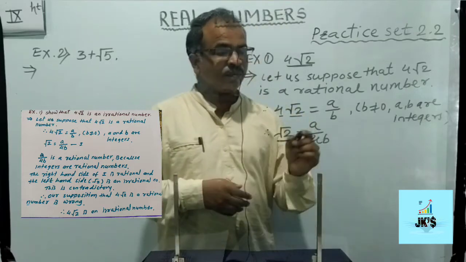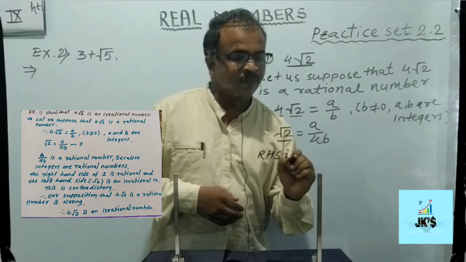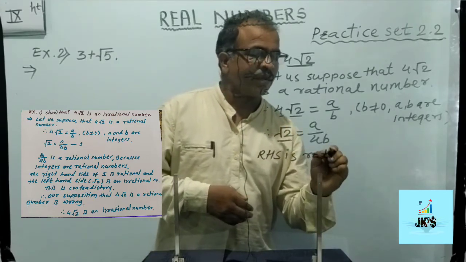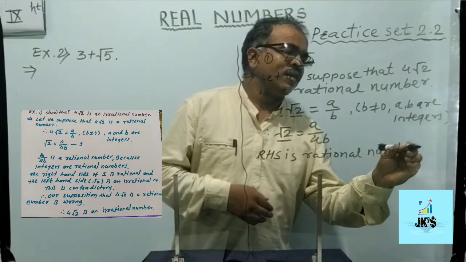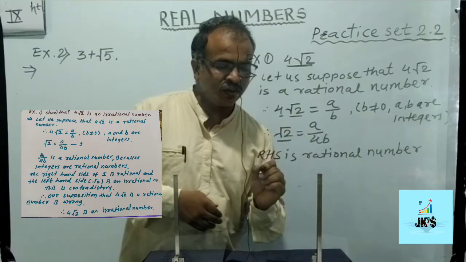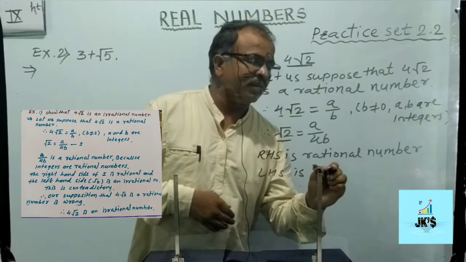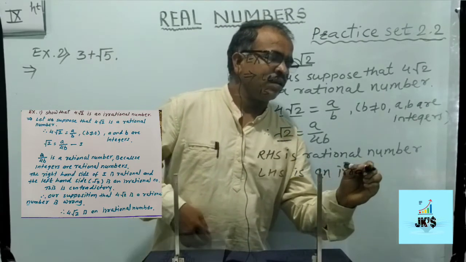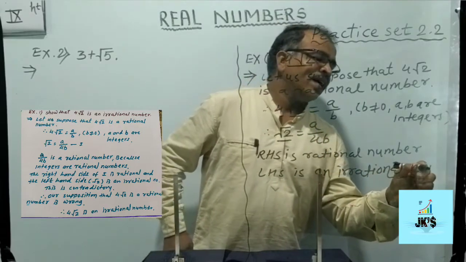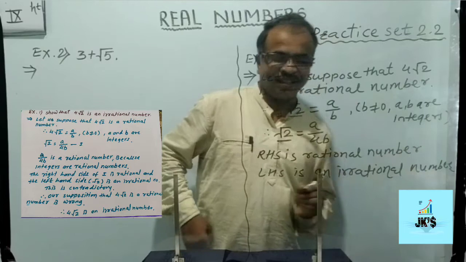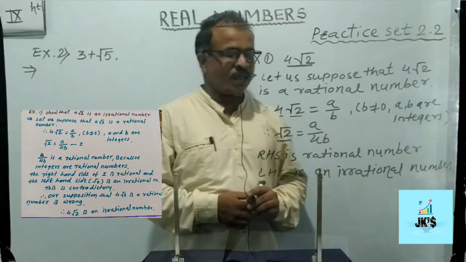So the right-hand side is a rational number and the left-hand side, root 2, is an irrational number. One side is rational and the other side is irrational. Is it possible? Obviously no.